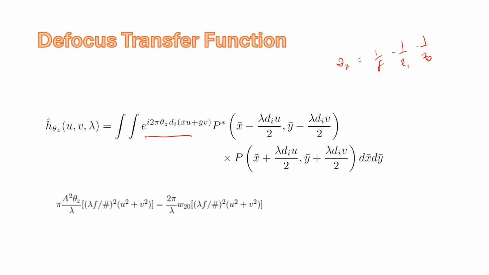We can relate that also to the wavefront error term W20 with this equation, which is, again, back from episode 38. It turns out W20 is equal to the aperture squared times this theta z. So it's just a relation of terms people use to describe the defocus, with W20 being the most common one, dating back to work by Hopkins in the 1950s that just used standard Zernike expansions to describe the defocus as an aberration.